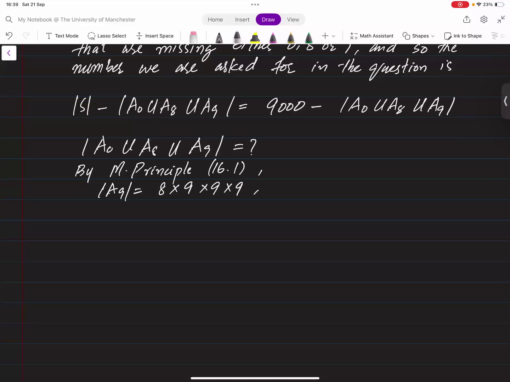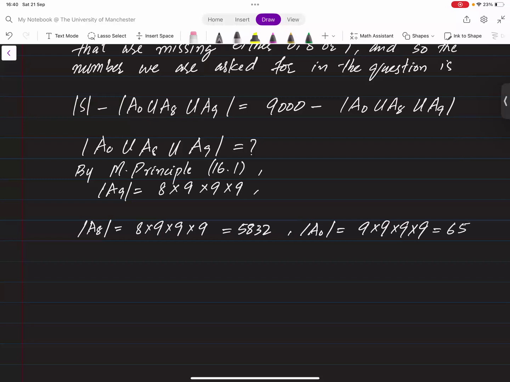Similarly, the order of A8 is 8 cross 9 cross 9 cross 9. So those are 5832. A9 has the order 9 cross 9 cross 9 cross 9, and that is 6561.